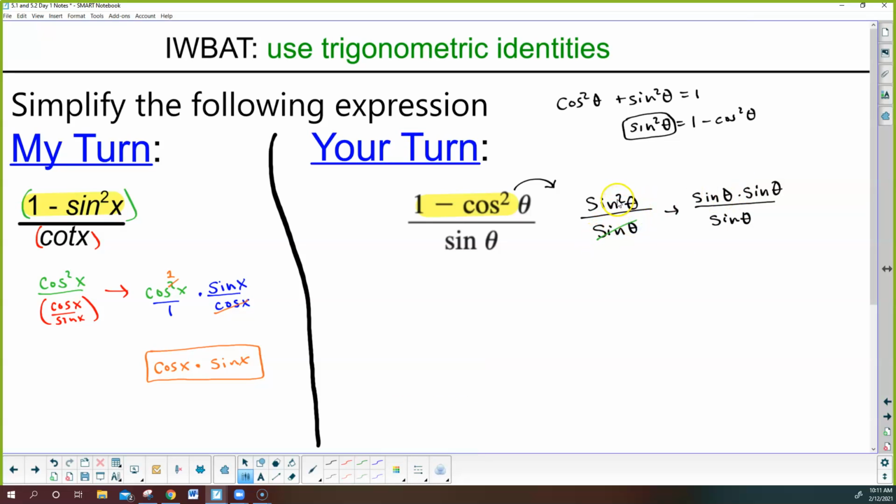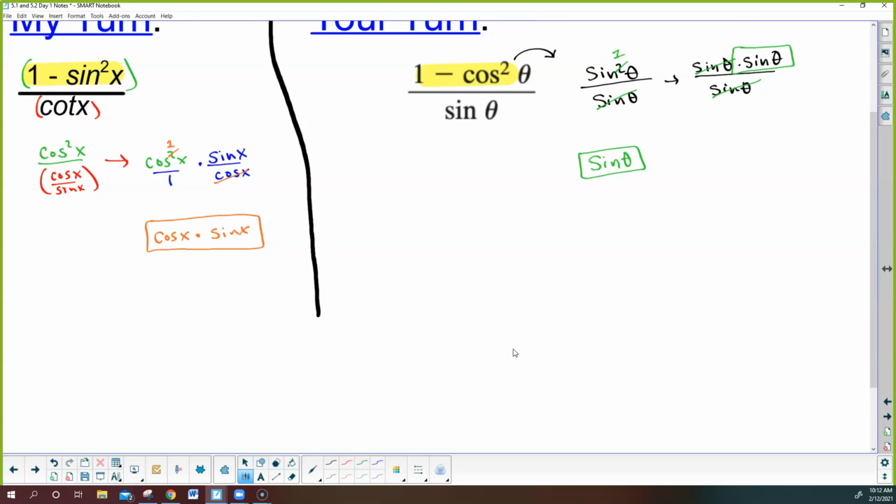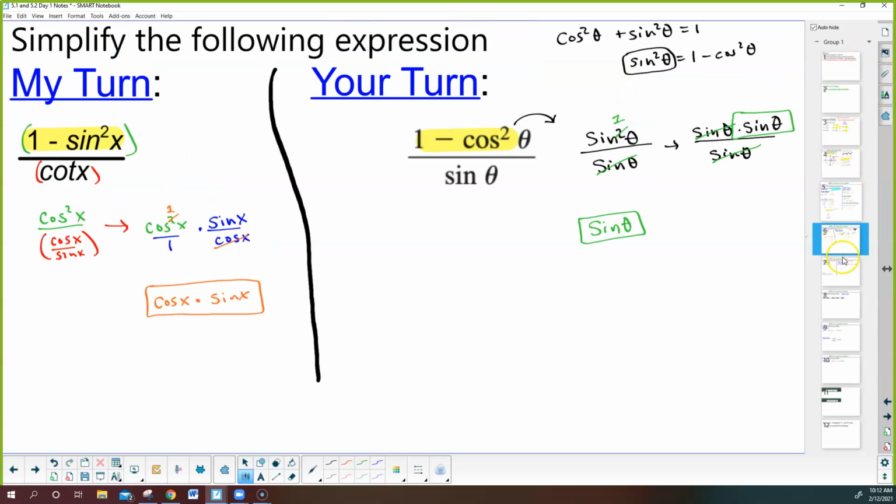If I have a sine on the bottom and it's squared up top, we could just go ahead and reduce it here and say, well, what's left over is just a sine theta. Or if you don't like that, then you would do this step and say, here are my sine factors reducing out, and what's left over then is just sine. So this overall item reduces down to sine of theta. And again, you will get better at this with practice. That's kind of why we're doing a good amount of these.